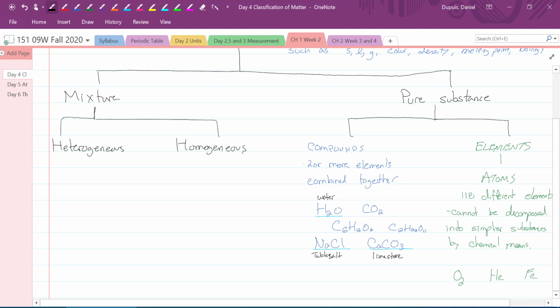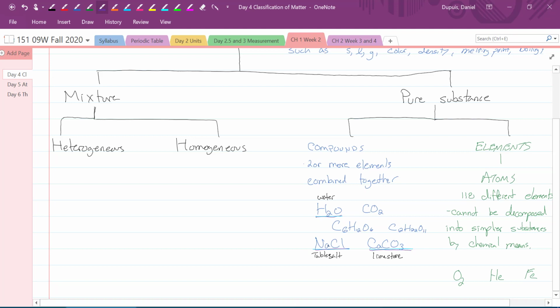So what's the difference? Well, these guys, water, table salt, and limestone, if I mix those together, limestone's not really soluble, so you wouldn't actually have a nice solution. You would have a heterogeneous mixture.